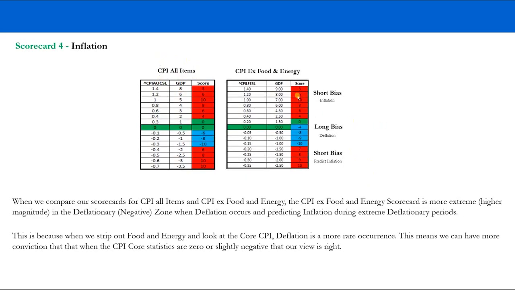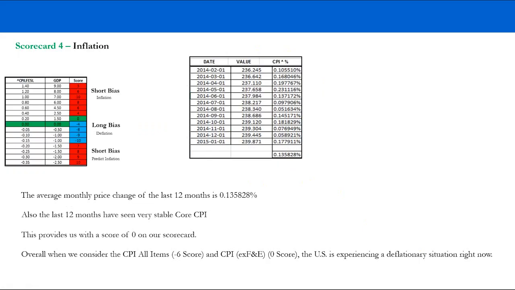So now let's conclude on CPI ex food and energy and see what type of score we can assign to the current situation. If we take a very similar approach to CPI all items including food and energy, we take the last 12 months and continue to do this on a rolling basis.